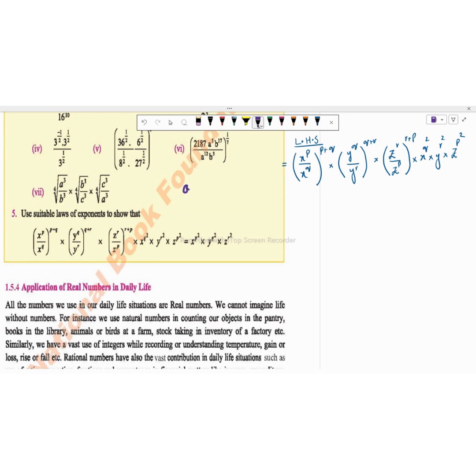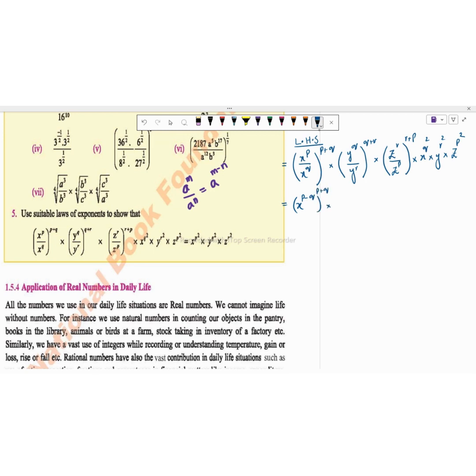We know that if we have x^m over x^n, two quotients there, the base is the same. So the rule is we will write the base one time and we will subtract the exponents in this way. So same rule I will apply on this bracket. So it will become x^(p-q)(p+q).